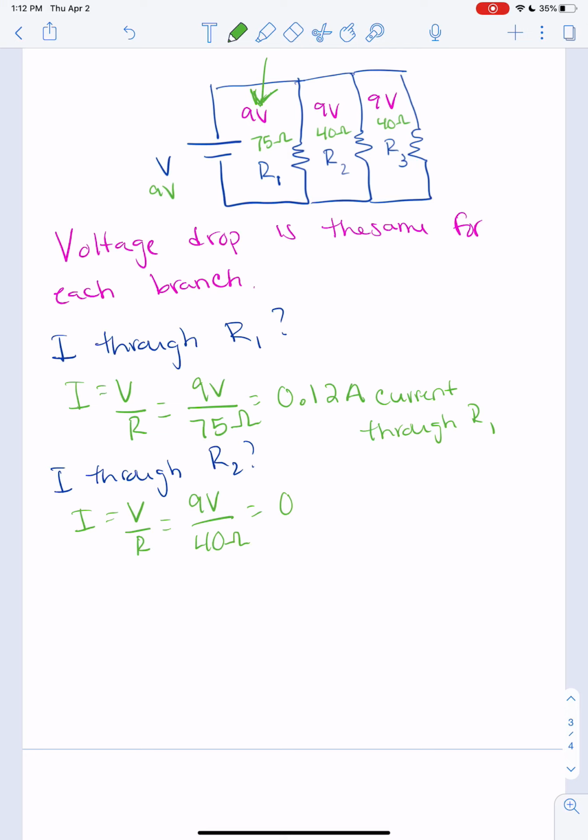Put that on a calculator and we get 0.22 amps of current through R2. Okay, so if we want to find I through R3, we could do the same thing and just plug right in again.